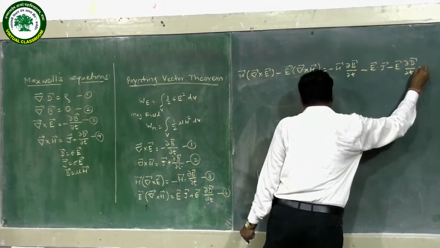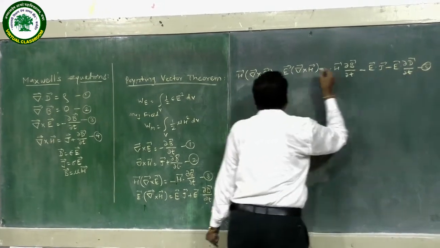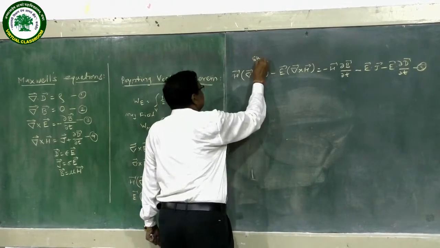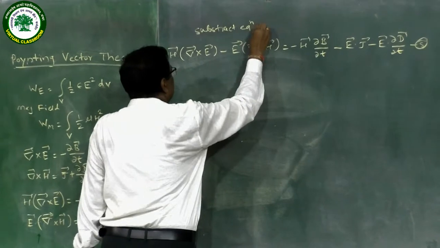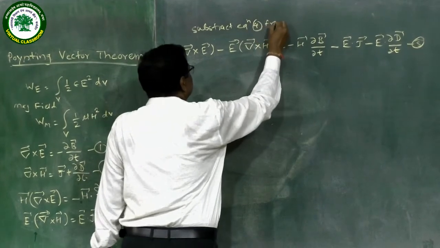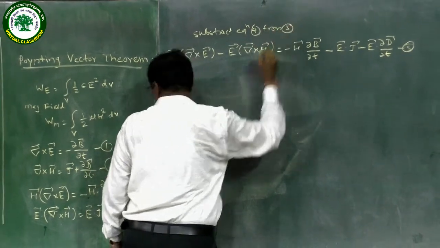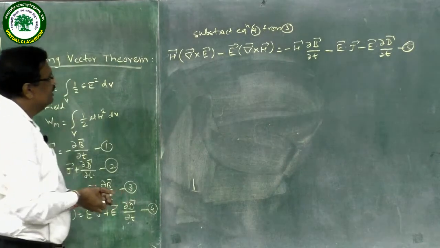This is equation number 5, where we subtract equation 4 from 3.